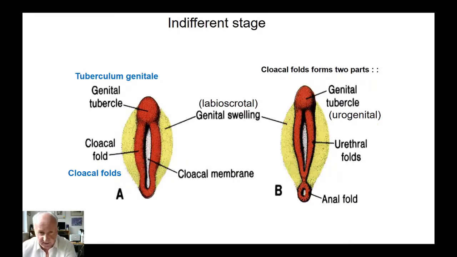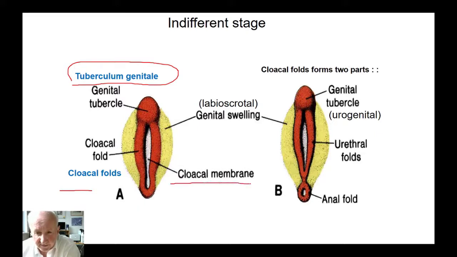So, on the beginning of the external genitalia, you see the indifferent stage, where we can see the genital tubercle, or tuberculum genitale in Latin, and two cloacal folds, here and here. The cloacal membrane, of course, is still seen up to, if you remember, the 7th week, then it vanishes.